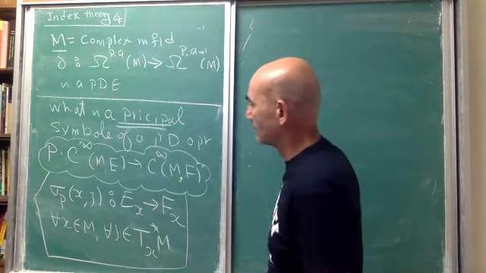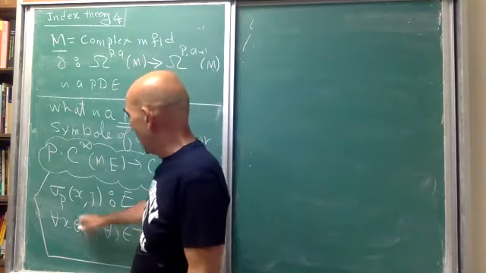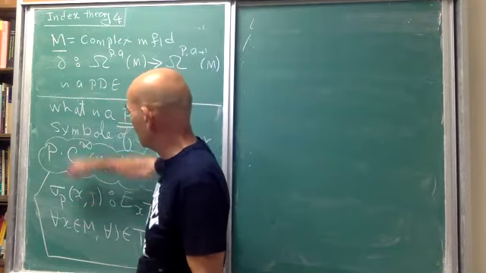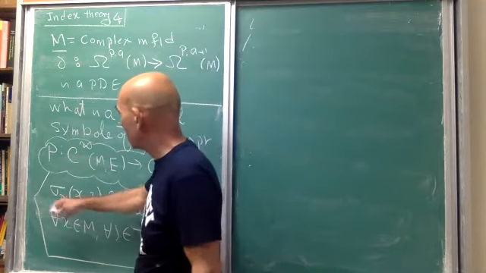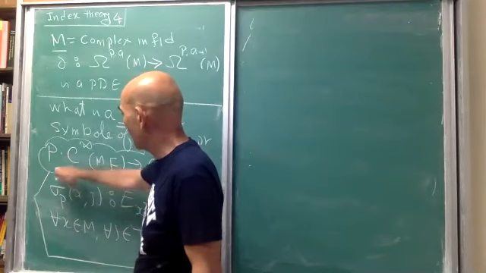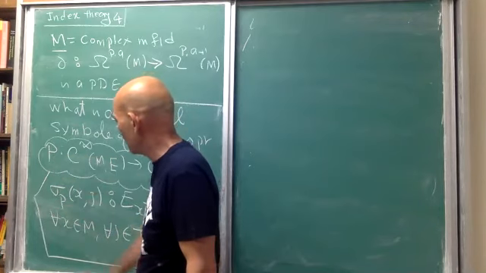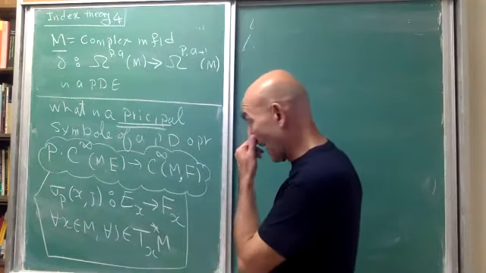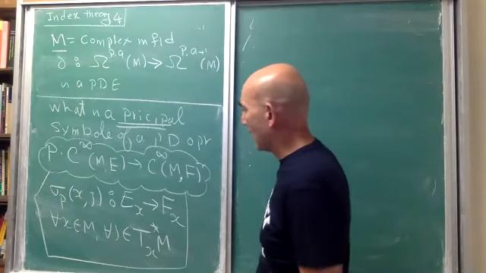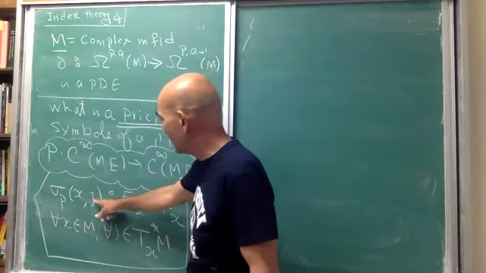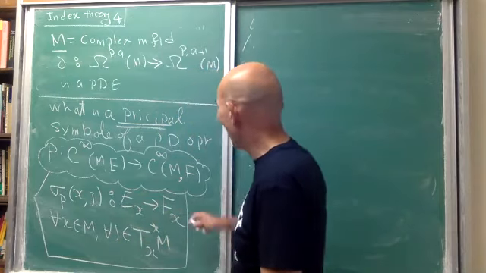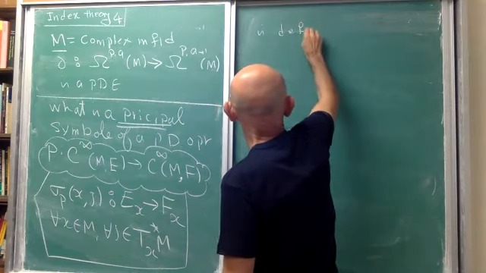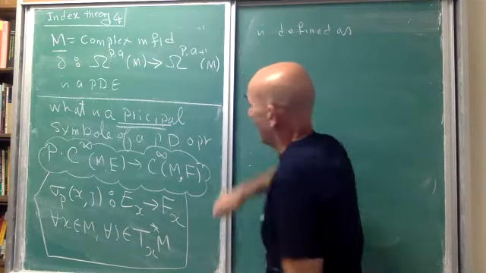So the principal symbol, not the symbol, the principal symbol of this operator P. It's unfortunate that I'm using the same notation for P and for principal. They both start with P, but we understand. This is for principal, this is for the operator notation. The principal symbol of my operator, for any x on M and for any xi on T star, is defined as follows.